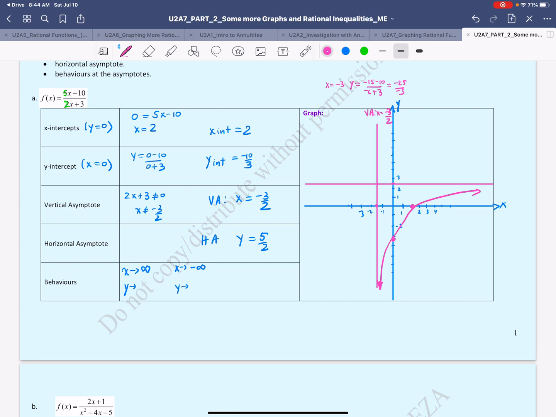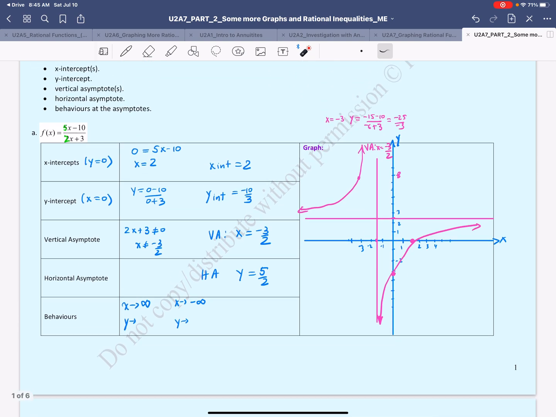If you would like to add more accuracy to the graph of the function, what you want to do is pick another point, and I would pick a point further left because it seems that the graph will approach in this direction. So for now, what I'm going to do is draw a shape symmetrical to what I had in this section of the graph, and voila, this is a graph.